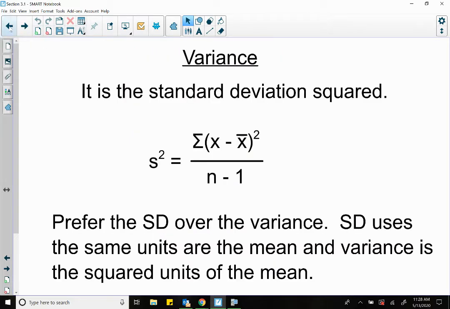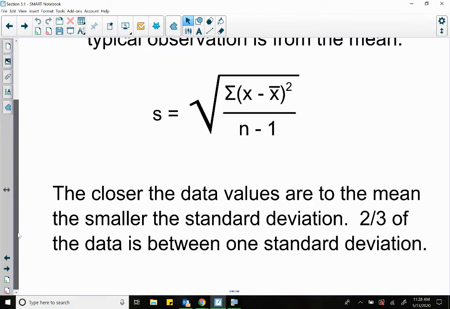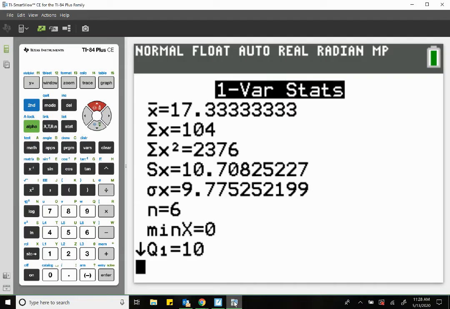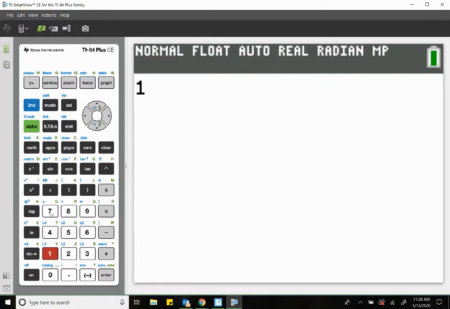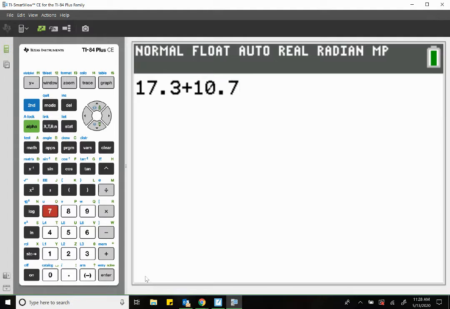So if we kind of go back and talk about this, remember how I said 2/3 of the data is between one standard deviation? So if I went back in here and I went out to my calculator and I said 17.3 plus 10.7, so this is our mean. This is what we consider one standard deviation above the mean.